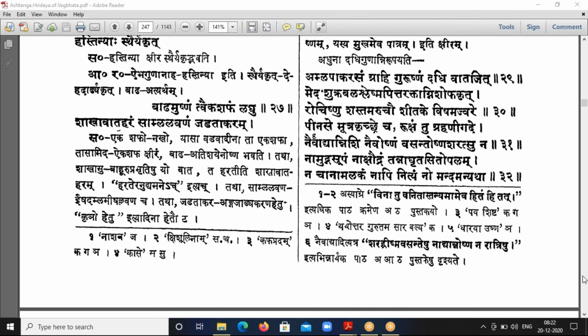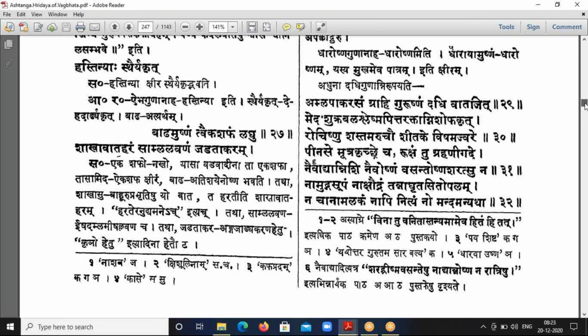Then na ghritam. When you consume dadhi, it should have some ghritam in it. Na sitopalam, or you add some sitopalam, some sugar.